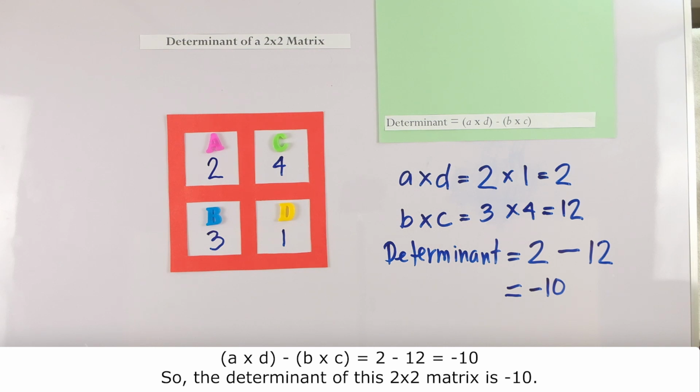So, the determinant of this 2x2 matrix is negative 10.